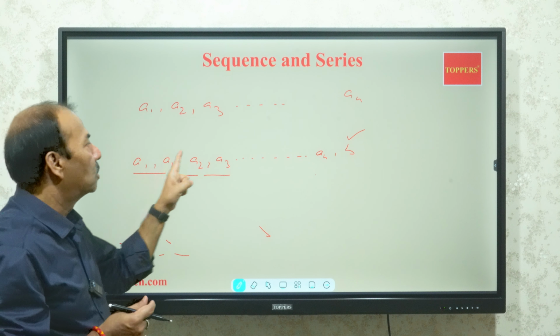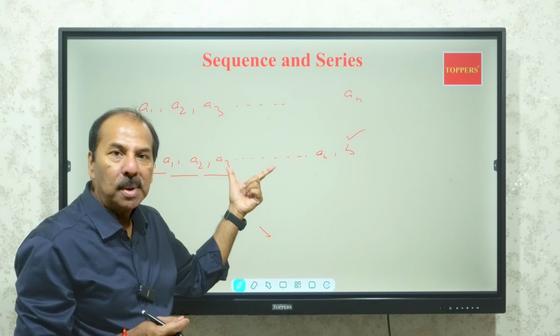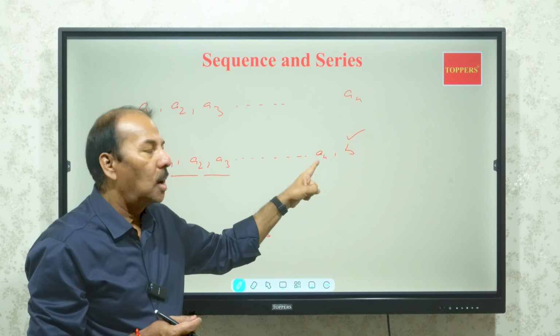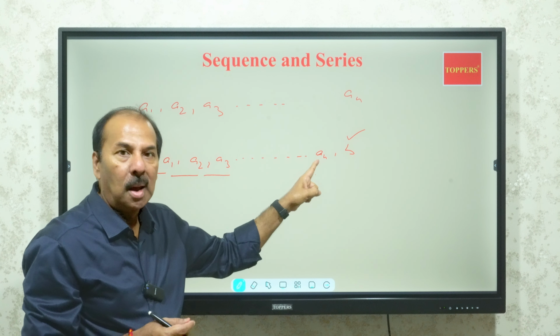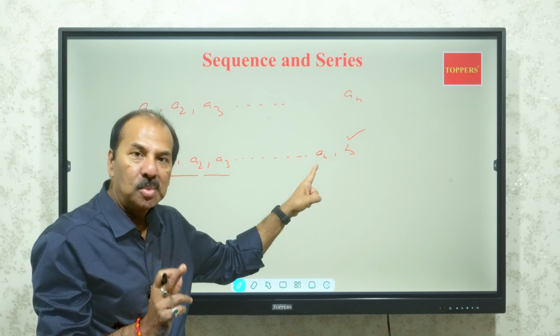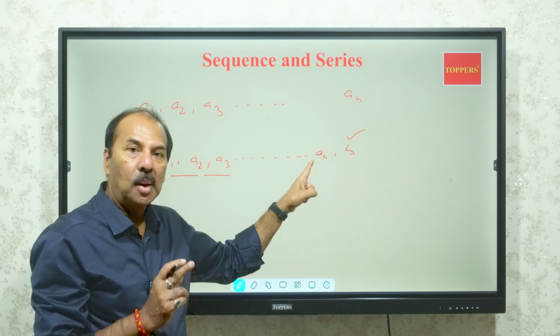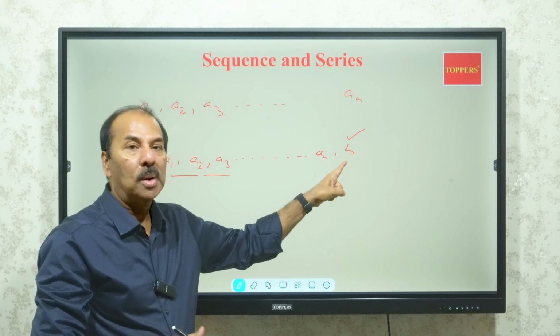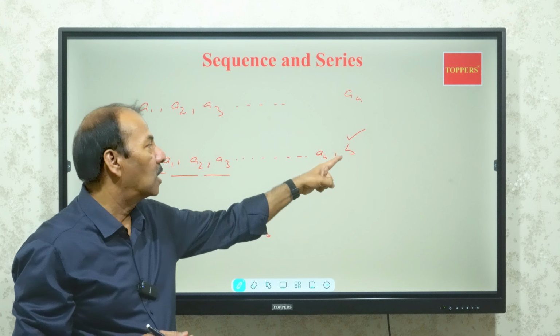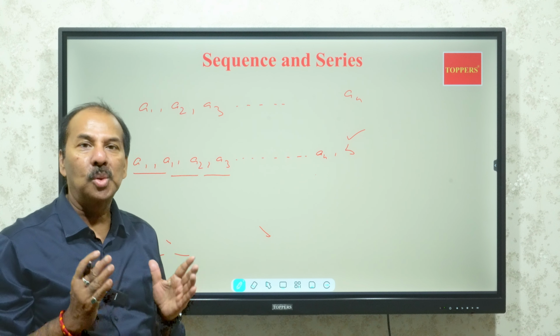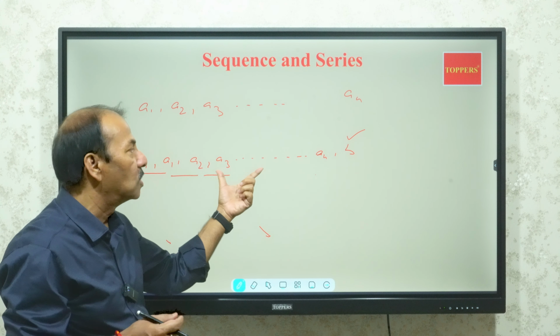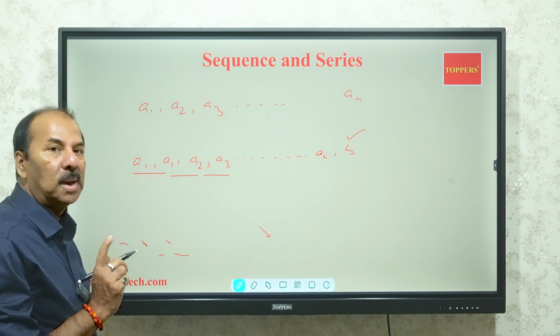Already we have introduced n arithmetic means. The first term is a, the second term is a1, the third term is a2, the fourth term is a3, so the nth arithmetic mean is the n plus 1th term, and b becomes the n plus 2th term. So the total number of terms now present in this sequence is n plus 2, and b is the last term.